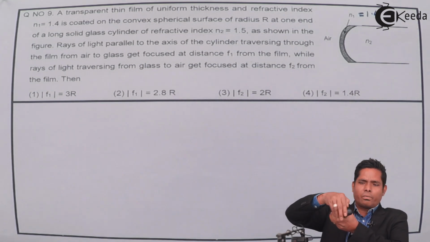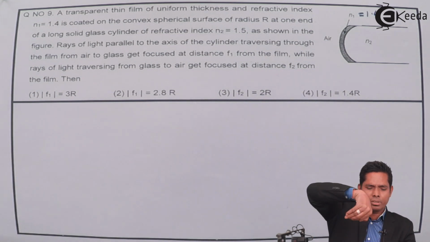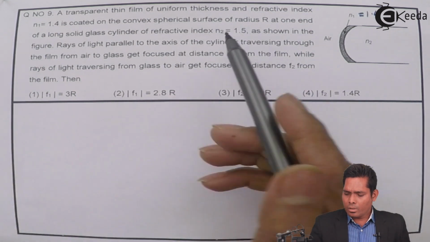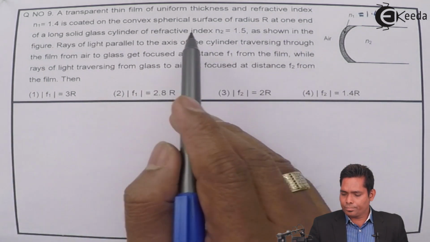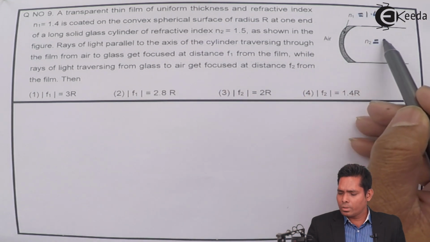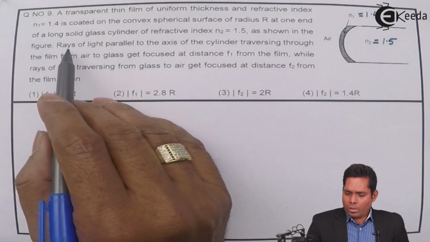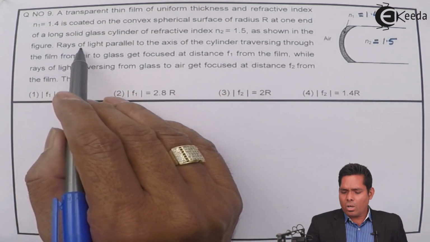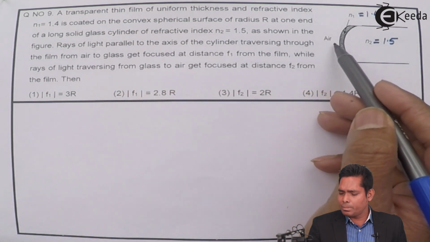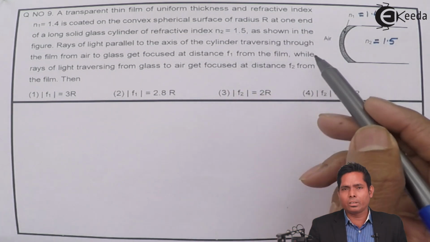You can see that this is convex, so one face is convex, and the refractive index of that, n2, is 1.5, as shown in the figure. Rays of light parallel to the axis of the cylinder. So this must be the axis of the cylinder, and the rays must be coming parallel, as given in the question.